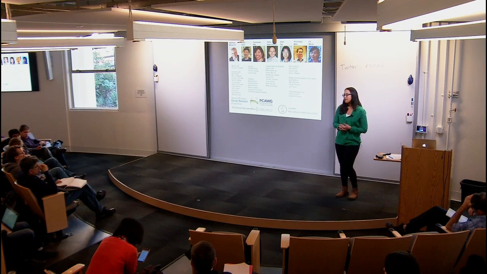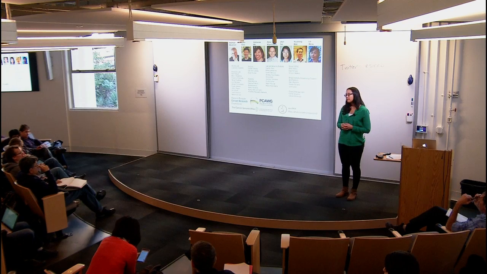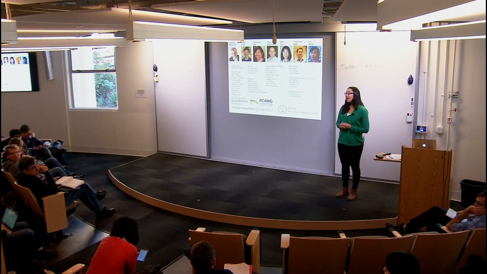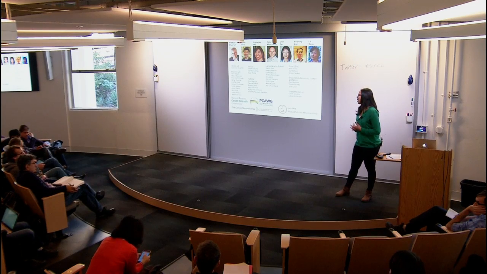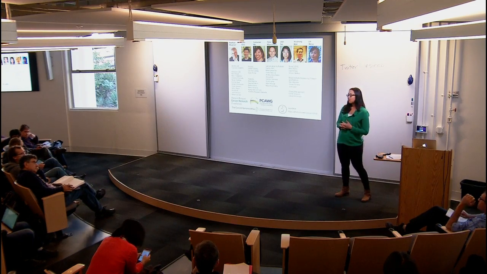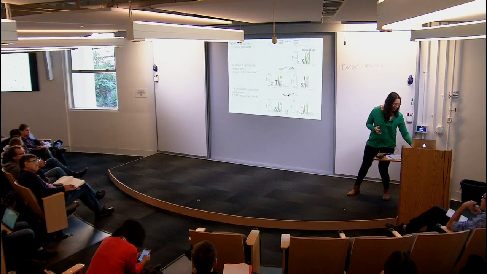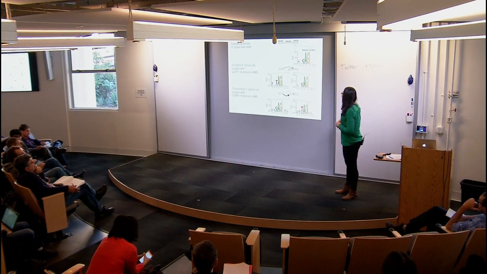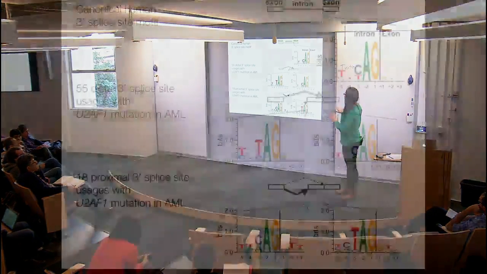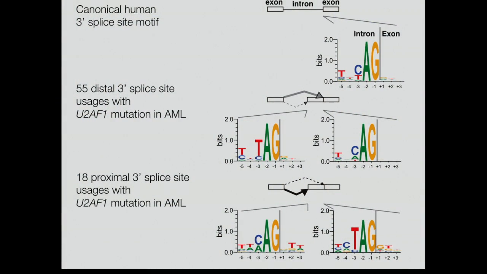Can you say something about the splicing preference that changed due to the mutation? Yeah, I took that out. So the U2AF1, it's actually really interesting. Well, I guess this is my bonus slide. So for U2AF1, we do actually see different 3' splice site sequence recognition. This is the splice site motif of canonical human splice sites.